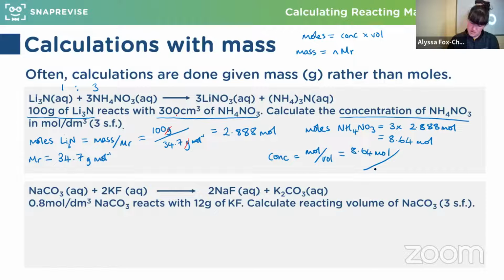So it would be 300 centimeters cubed, but divided by 1,000 to put it into decimeters cubed. And that comes out at 28.8 mole per decimeter cubed, just 3 significant figures, because that's what I was asked for in the question.